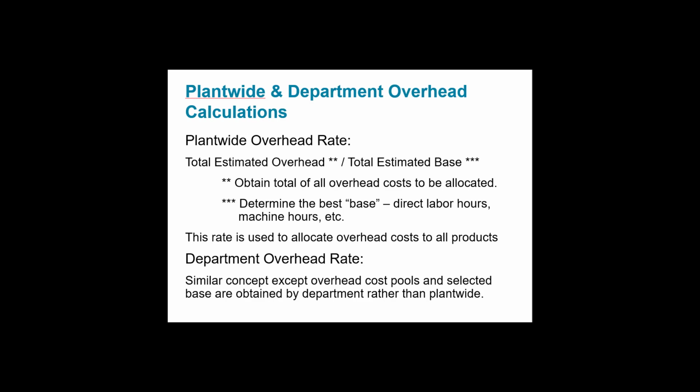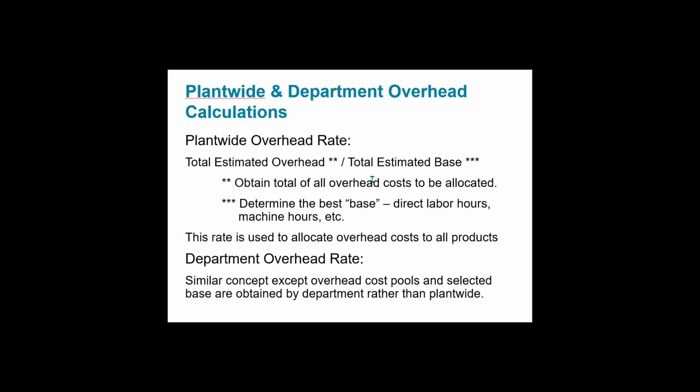Now recall the formula to calculate a plant-wide overhead rate uses total estimated overhead in the numerator, and the total estimated base that will be used as the denominator. That might be direct labor hours, direct labor dollars, machine hours, or something else. The result will be a dollar amount per single unit of the base.